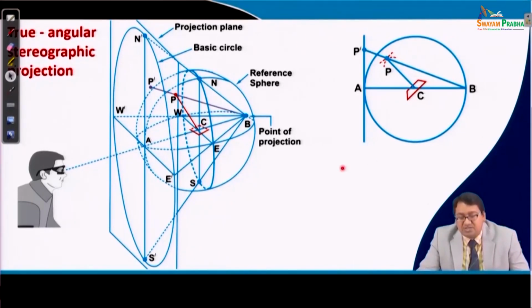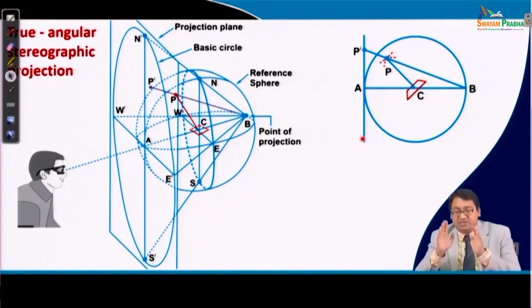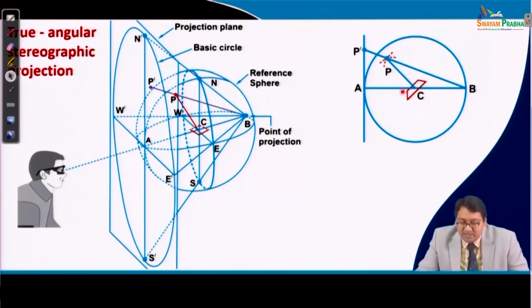Here we have shown the same thing in a much simpler 2D manner from the side, where this is the 2D stereographic projection, shown by a line because we are showing it from the side, and this is the plane we were talking about.